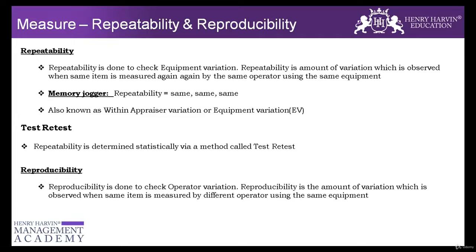The amount of variation observed between Simarpreet's observation and Anand's observation is called reproducibility. Here, everything remains the same. It is only the operator which is changed. It is the same quantity, same part, same equipment. It is only the change of an operator. This is also known as appraiser variation or between appraiser variation.